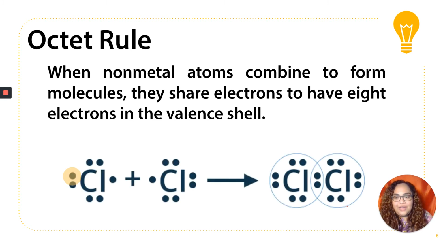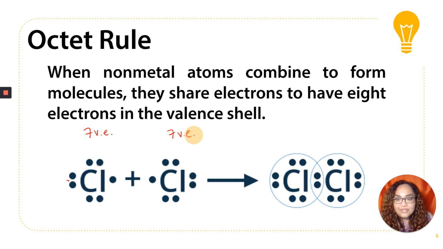So for example, you have two chlorine atoms. Chlorine is in group 7A, so that means its valence electrons will be 7. So there will be 7 valence electrons and 7 valence electrons. And you can find that in the number of dots that surround each chlorine atom.